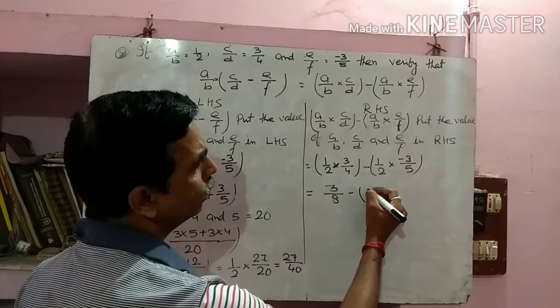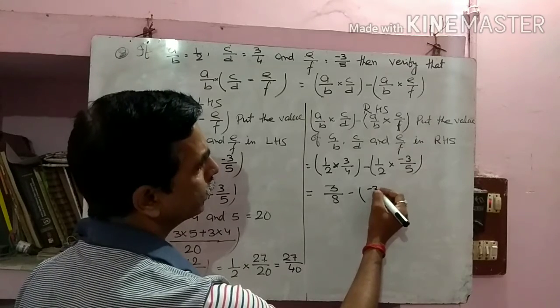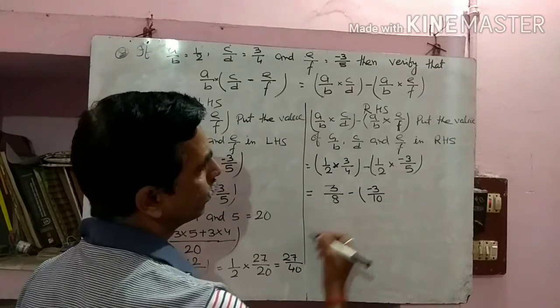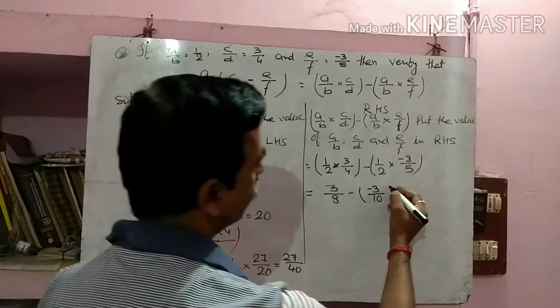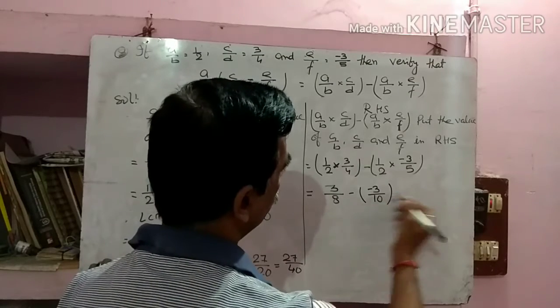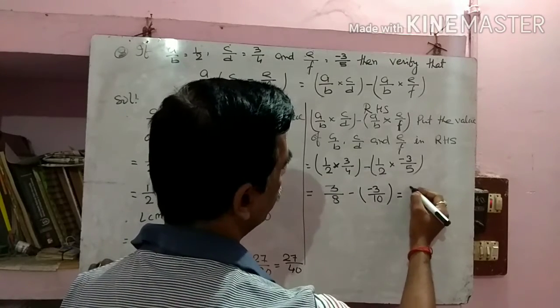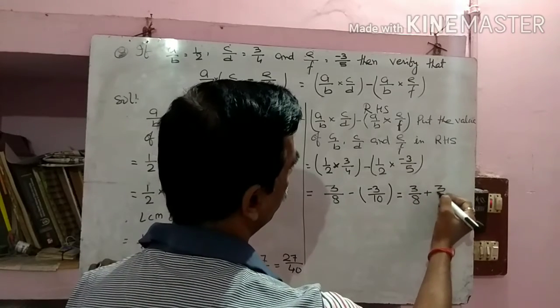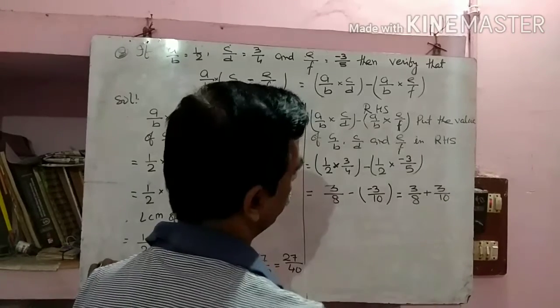Minus 3 into 1 becomes minus 3 over 5 into 2 becomes 10. After opening this bracket, you will get 3/8 plus 3/10.